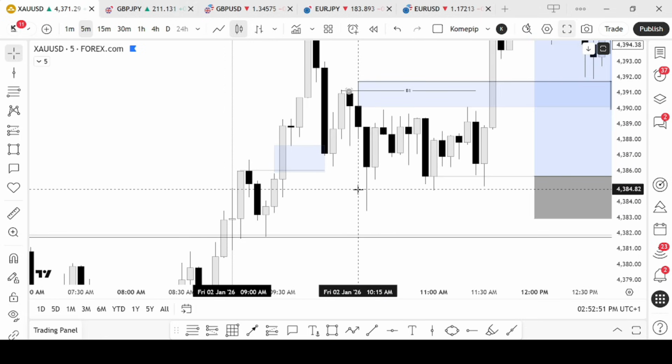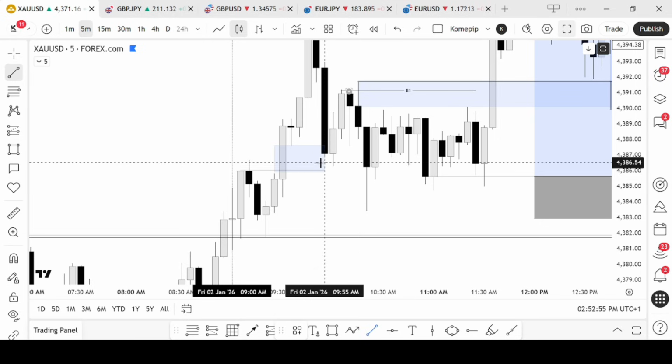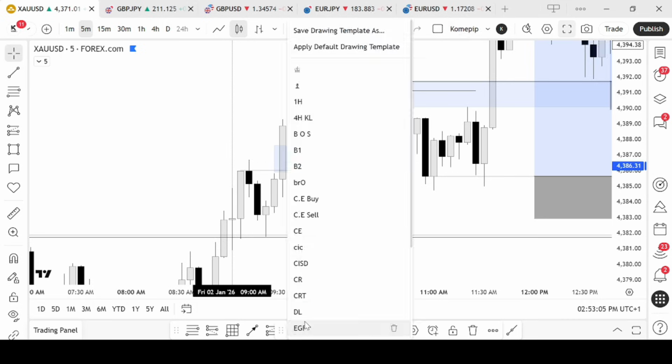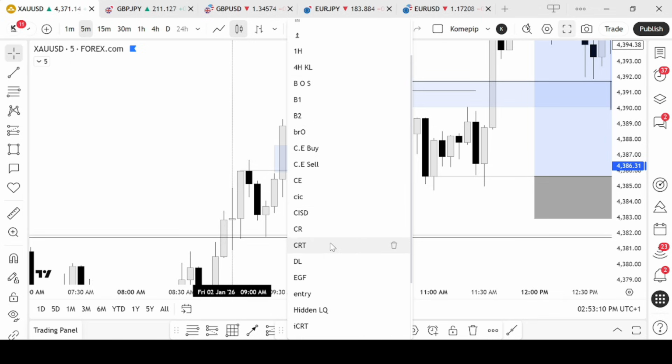So basically, I'm waiting for price to give me an entry opportunity, which we have this as our inducement, which I will call iCRT liquidity. You will understand better if you watched my last video on my other channel where I posted about the Komepips chariot inducement.